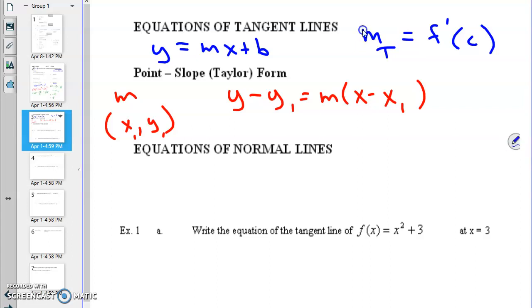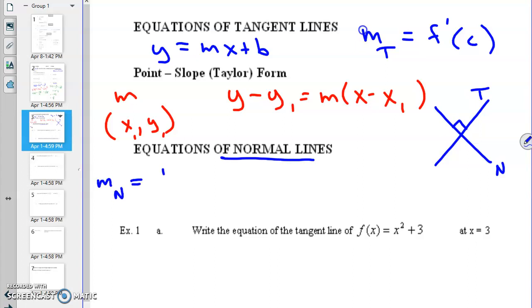Now, what's a normal line? Well, a normal line, if the tangent line goes like this, the normal line goes like that. Meaning what? Normal line is perpendicular to the tangent line. So m normal equals the perpendicular, upside down capital T, of m tangent. Okay?